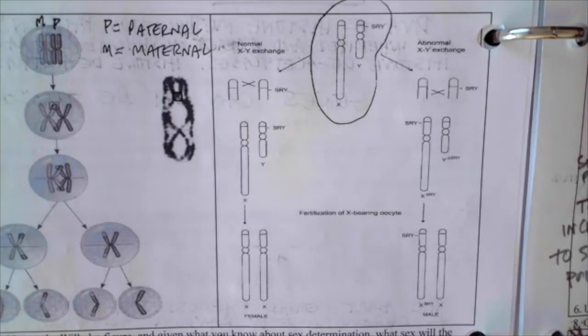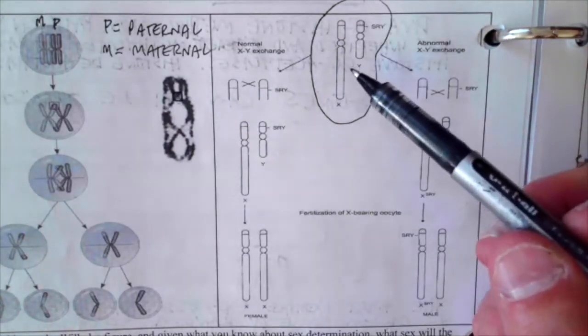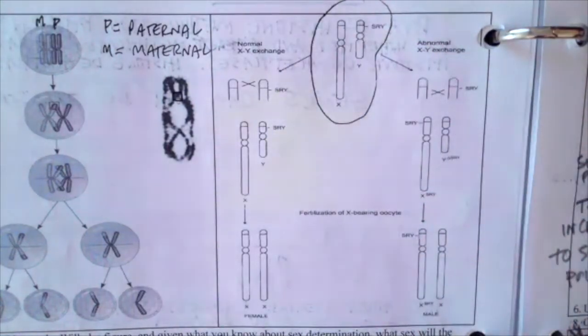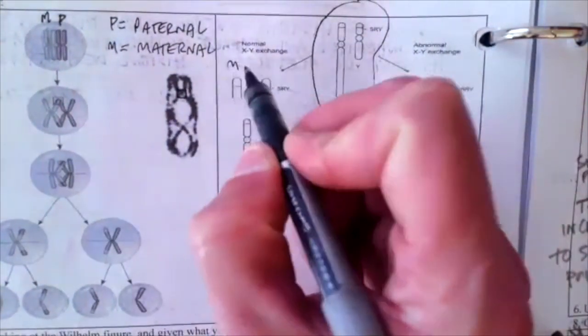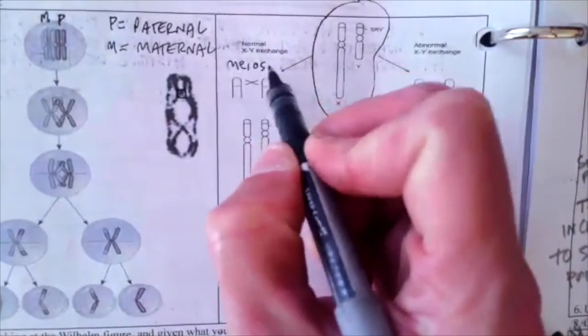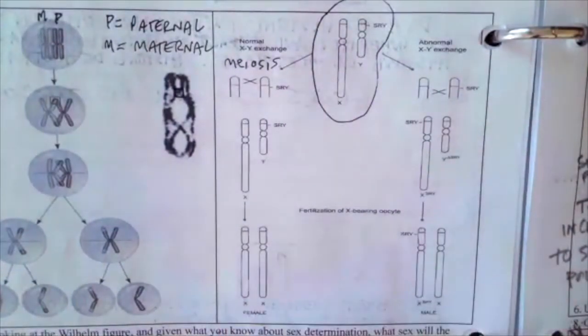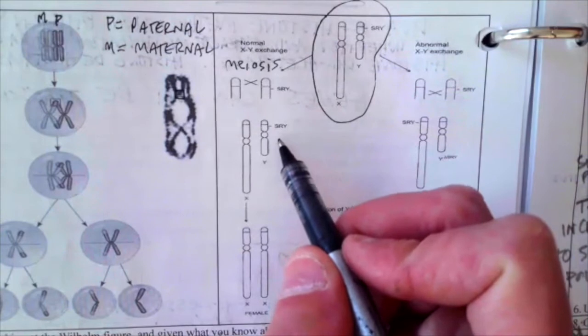Okay, so dad's gonad cell makes 2 different sperm. And during the process of making sperm right here, during meiosis, on this side, crossing over happens, and the SRY gene stays on what chromosome?